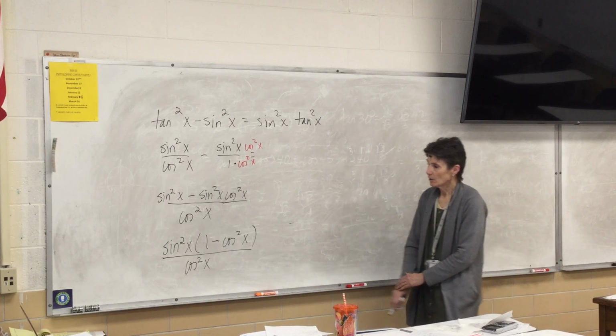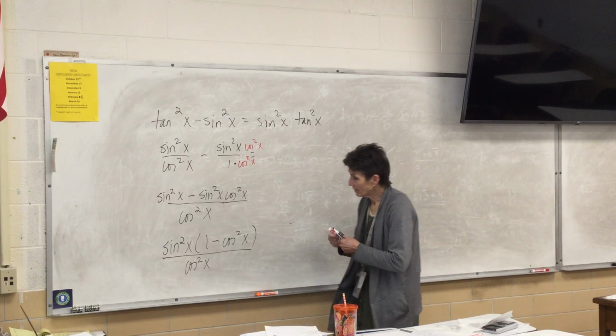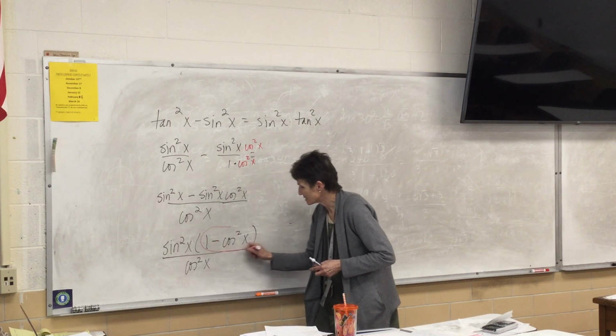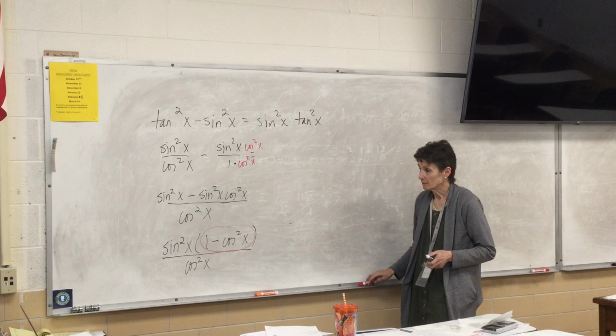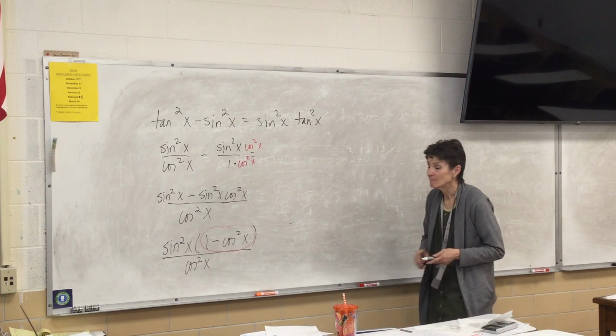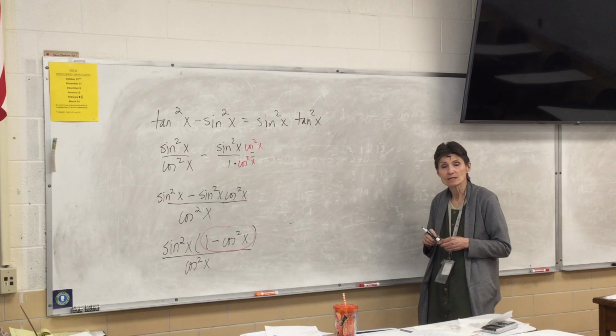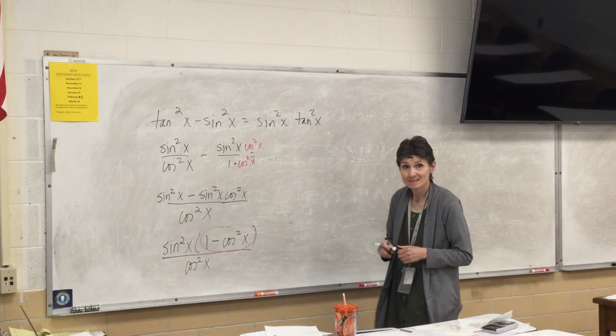Wait a second. What is 1 minus cosine squared? Look at your paper, or you should actually know this by heart. What is 1 minus cosine squared? It's sine squared.